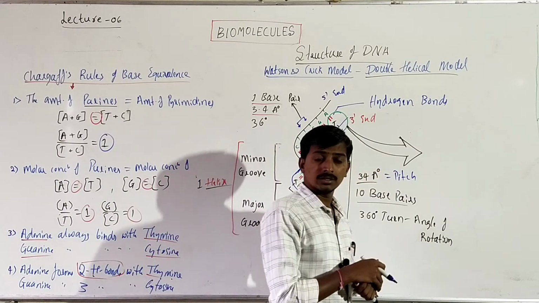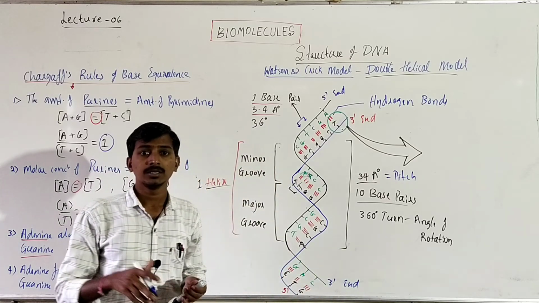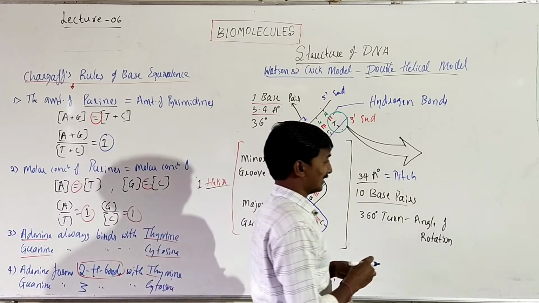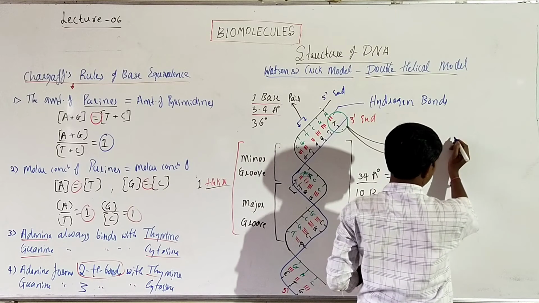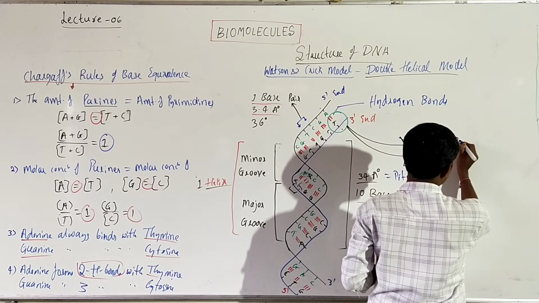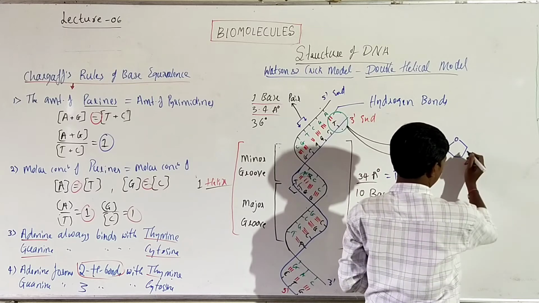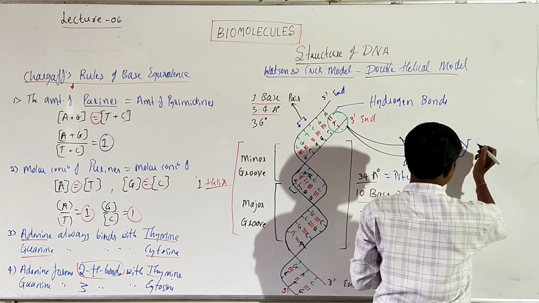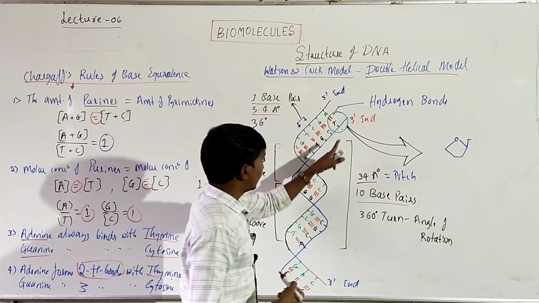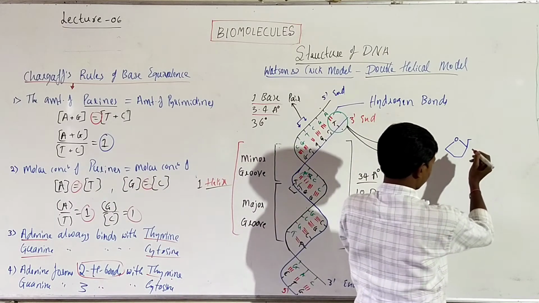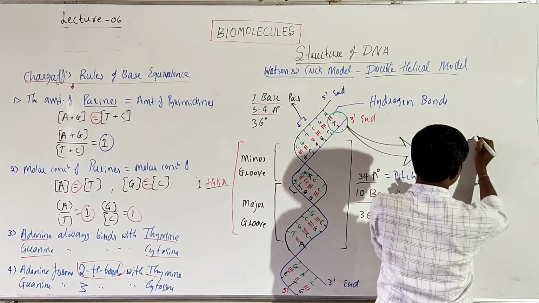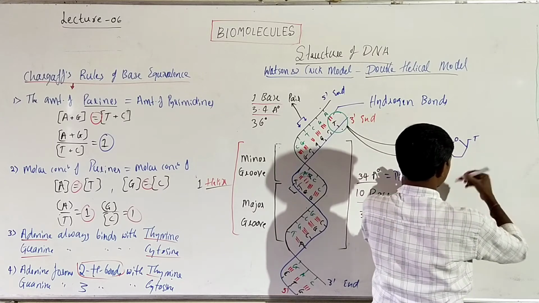So as I said, DNA is made of 3 components: pentose sugar, nitrogen base and a phosphate group. So pentose sugar, okay, first carbon, thymine is there. Here there is thymine.